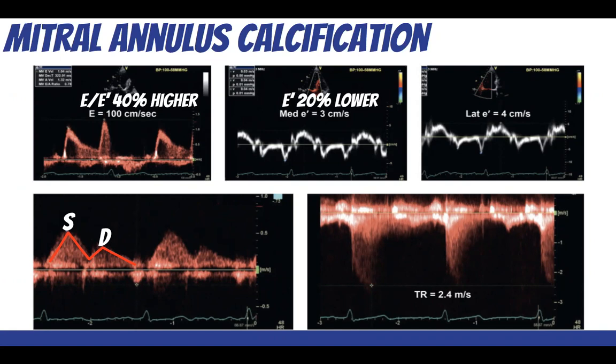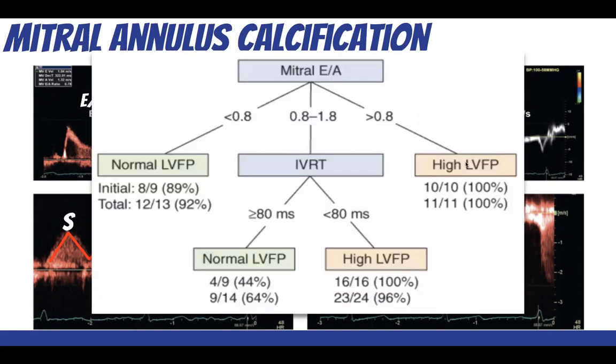So if you see mitral annulus calcification on echo, you have to adjust for this and measure all the other parameters to also see your filling pressures. There was a study that proposed an algorithm to figure out what's going on with the filling pressures in mitral annulus calcification. If your E to A is less than 0.8, that's going to be normal.